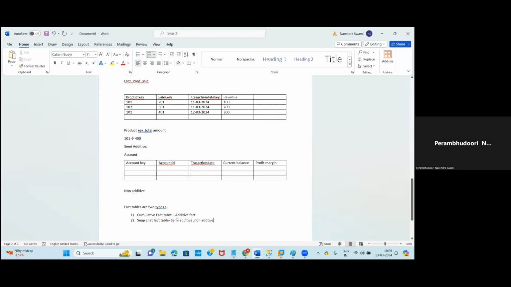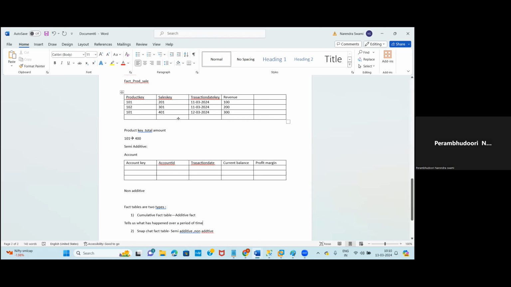Okay. Then what is a cumulative fact table and what is a snapshot fact table? A cumulative fact table generally tells us what has happened over a period of time.